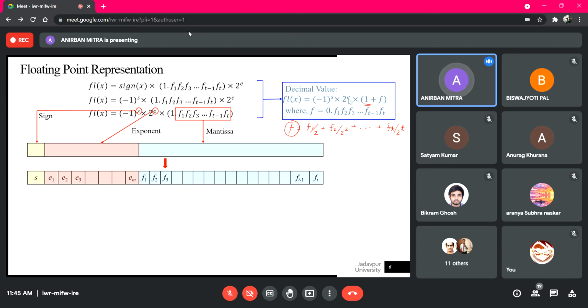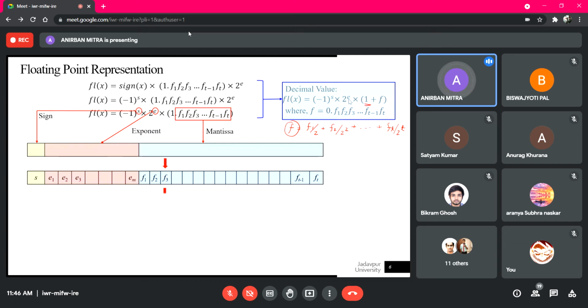The integer exponent, including its sign, would need to be represented within these specific m bits. Then comes the mantissa. In this mantissa also, we have t number of bits. In this t number of bits, we have to represent the mantissa.